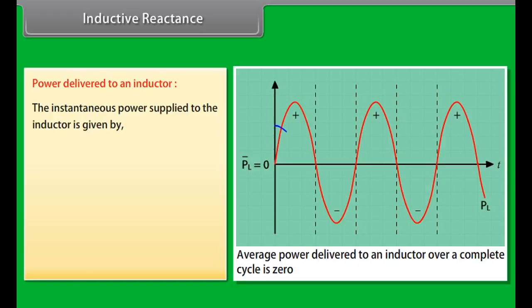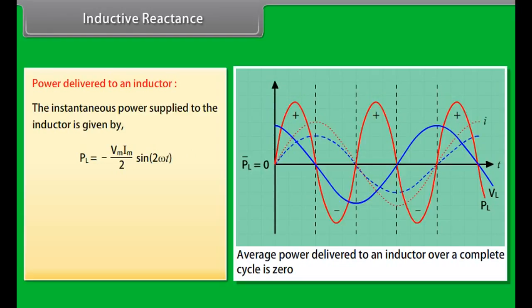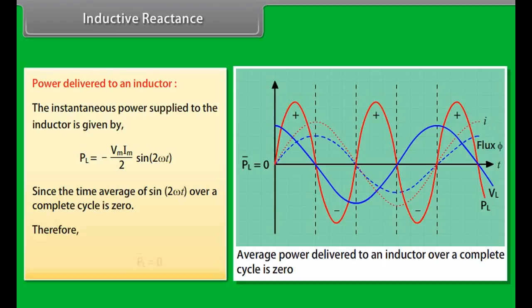We apply Kirchhoff's rule in the loop to get V − VL = 0. Now, put the values in the above equation. di/dt = (Vm/L) sin ωt.